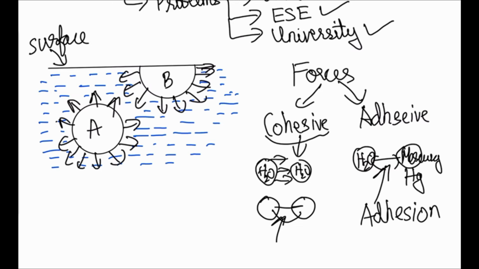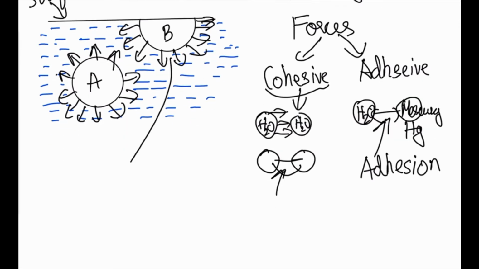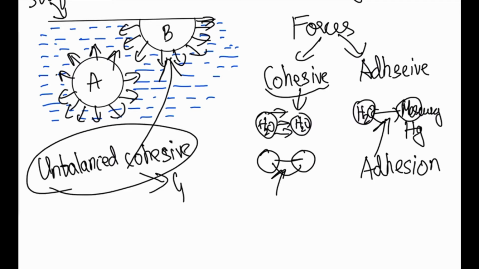This unbalanced force acts like a stretched membrane. This unbalanced cohesive force gives rise to surface tension. So we have come to know why surface tension arises.